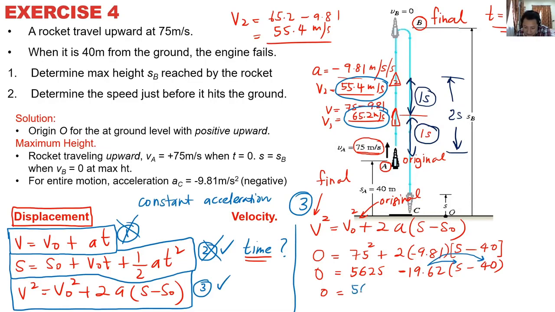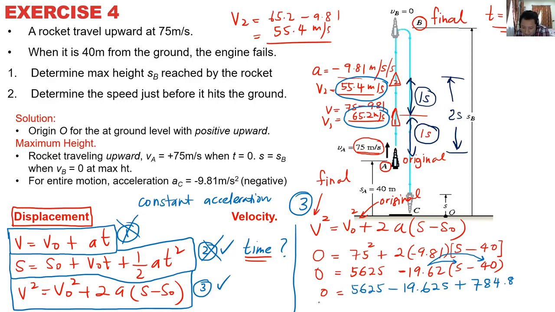So 5625 minus 19.62S campur 19.62 kali 40, 784.8. Can you solve this?